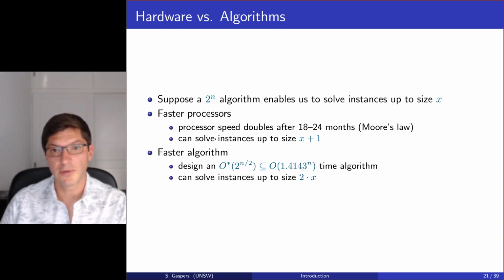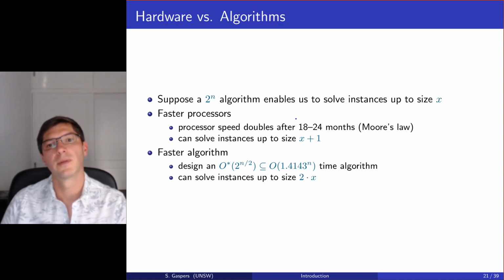If we have a faster processor, according to Moore's law, processor speed doubles after every 18 to 24 months. So if we wait 18 to 24 months, processing speed has doubled, and now we can solve instances up to size x plus 1, because 2 to the power x plus 1 is exactly 2 times 2 to the power x.